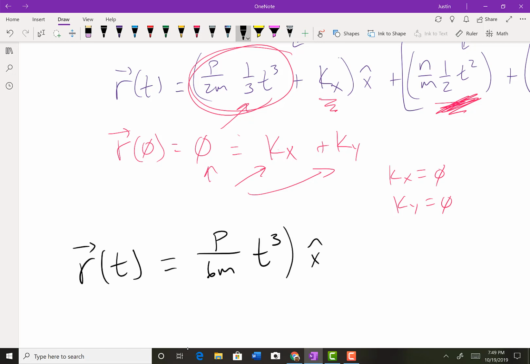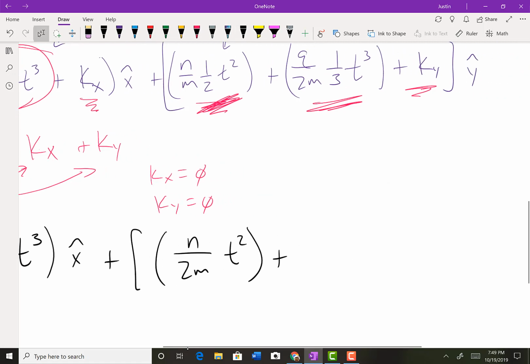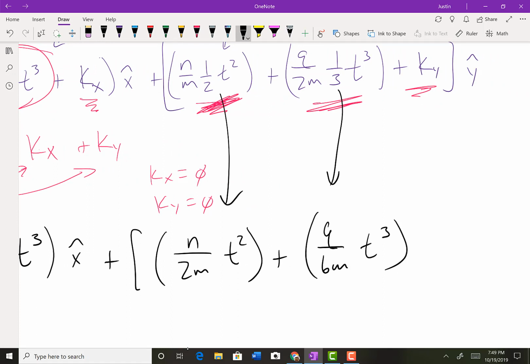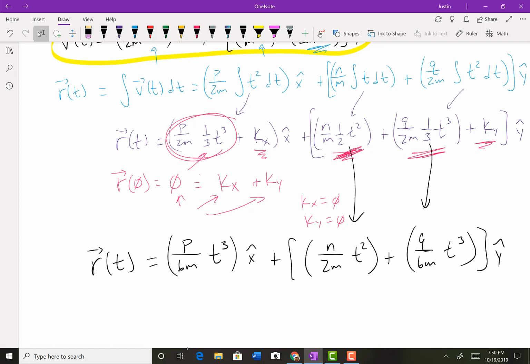So we got x hat here, plus all this stuff, which is n over 2m t squared, plus all this stuff, which is q over 6m t cubed. And then ky is 0 again, so it's just going to be y hat. And there is my position as a function of time.